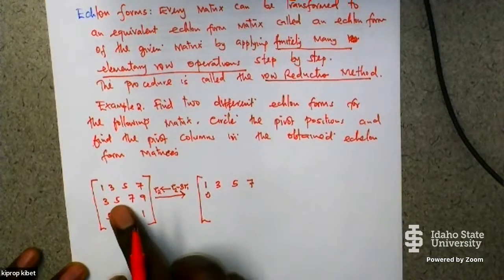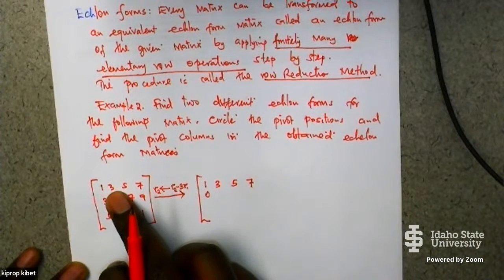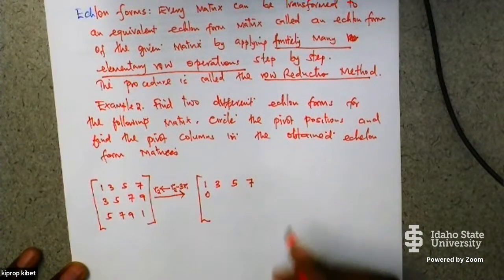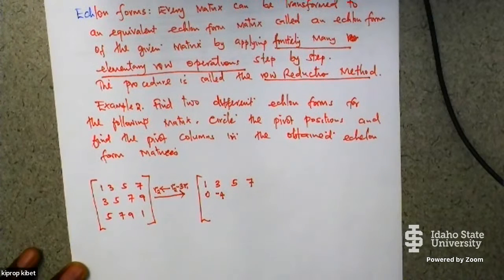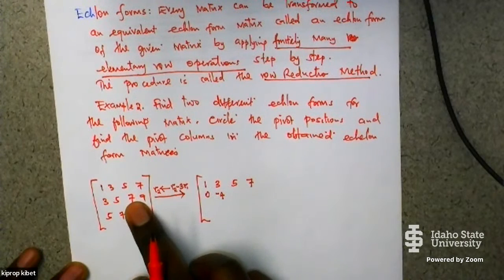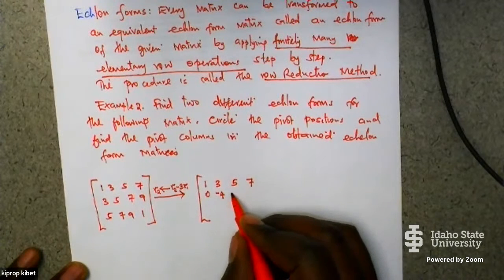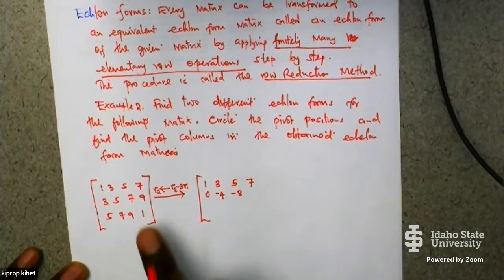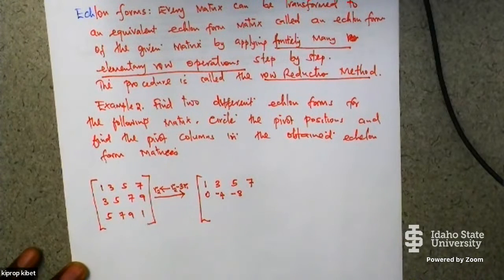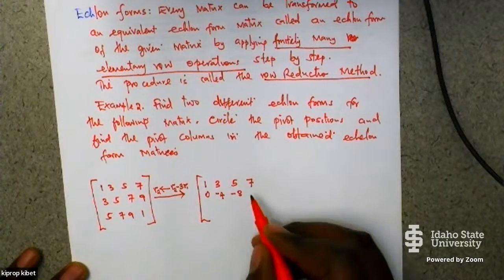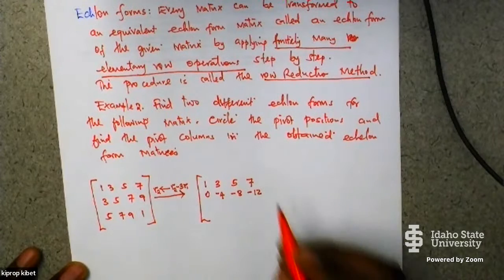Then 5 minus 9 is minus 4. Then 7 minus 15 is minus 8. And 9 minus 21 is minus 12.